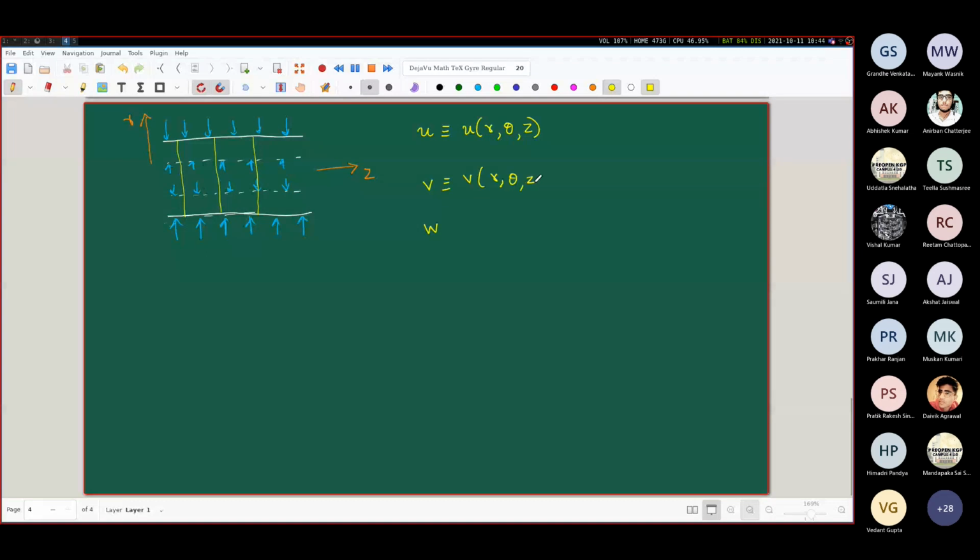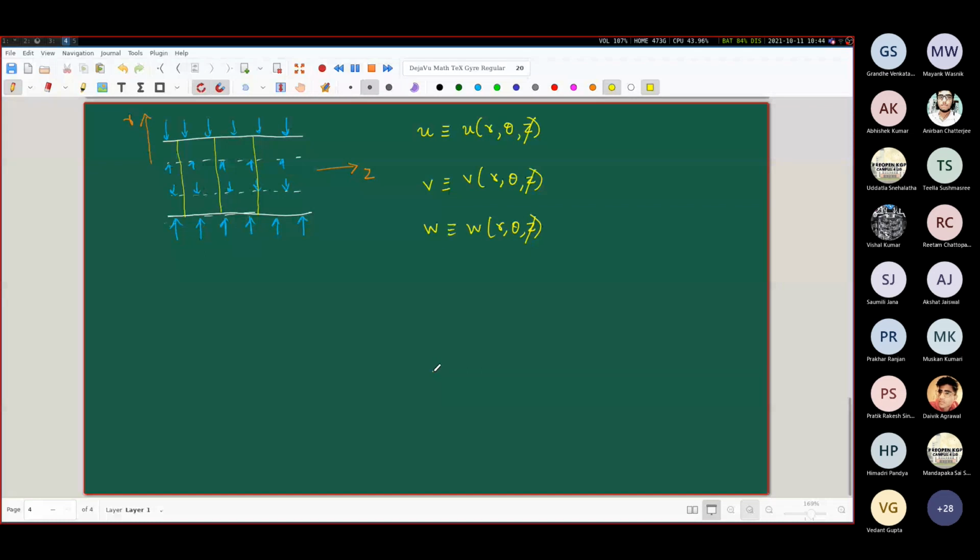But now we are saying that there is no variation along the z direction. So first of all, you can say that there is no dependence on z. This is the direct implication of the plane strain condition.